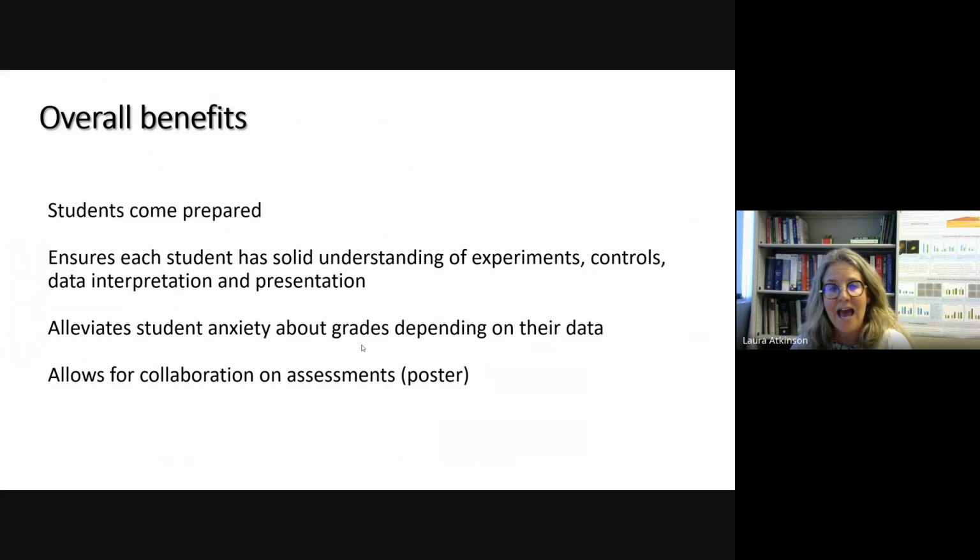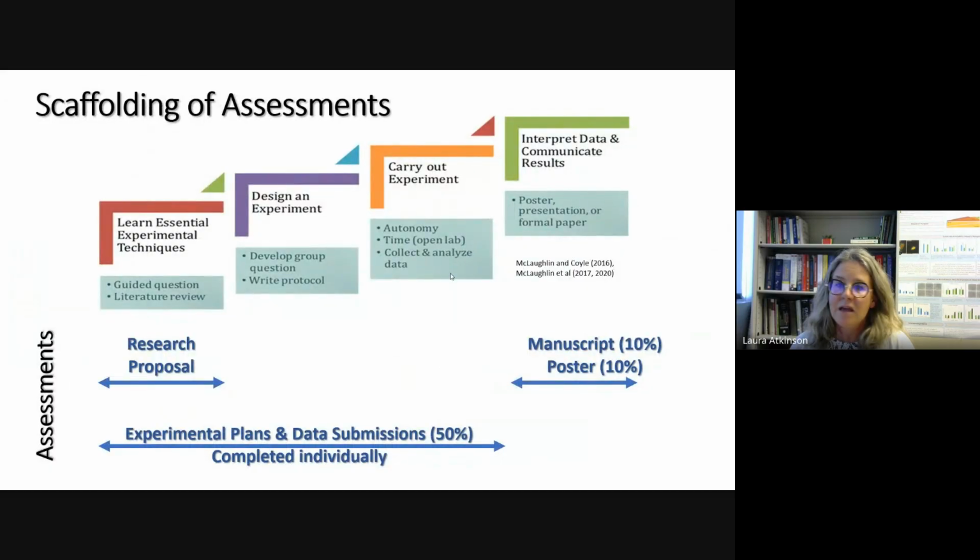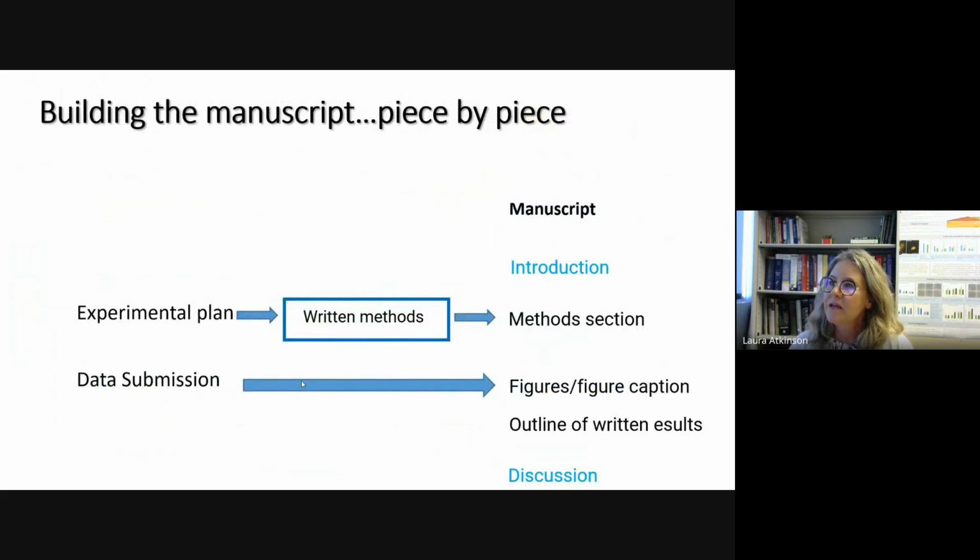So then they have the ability to do some collaborations on assessments and not have a huge part of their grade part of that. So this just shows that the experimental plans and data submissions are completed individually, and they're worth a substantial amount of the grade.